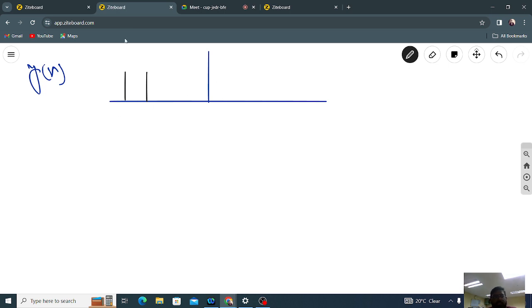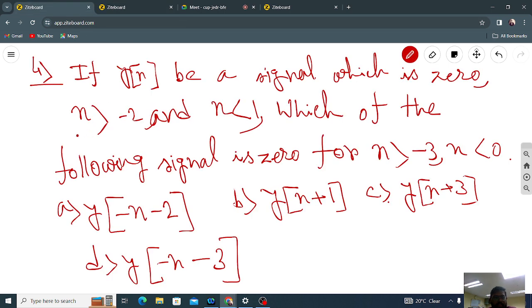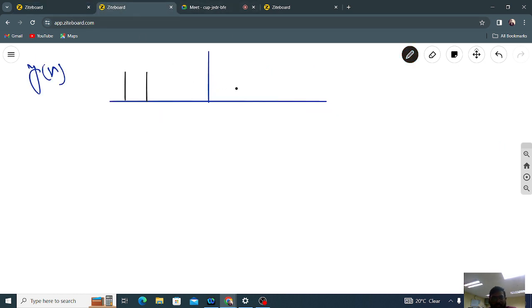So as said, for n greater than -2 and less than or equal to 1, it is 0, and this is n equal to 1. So this is 1 and this is -2, and here there are values 1 and 0.